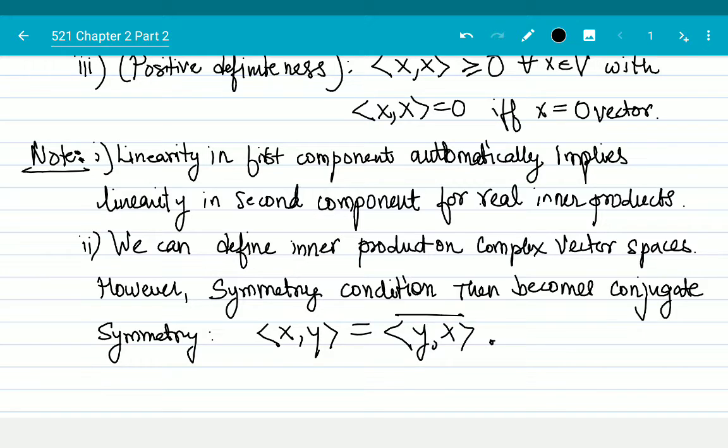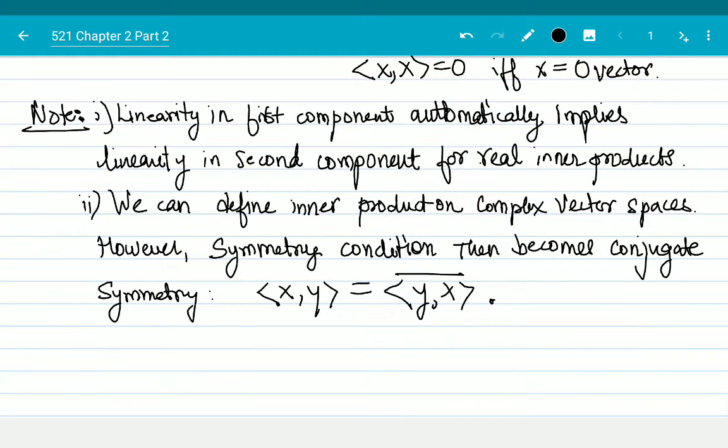This also affects the linearity in the second coordinate. Linearity in the first coordinate would still be as usual, but linearity in the second coordinate gets affected by the conjugate condition because it follows from symmetry and the first coordinate.